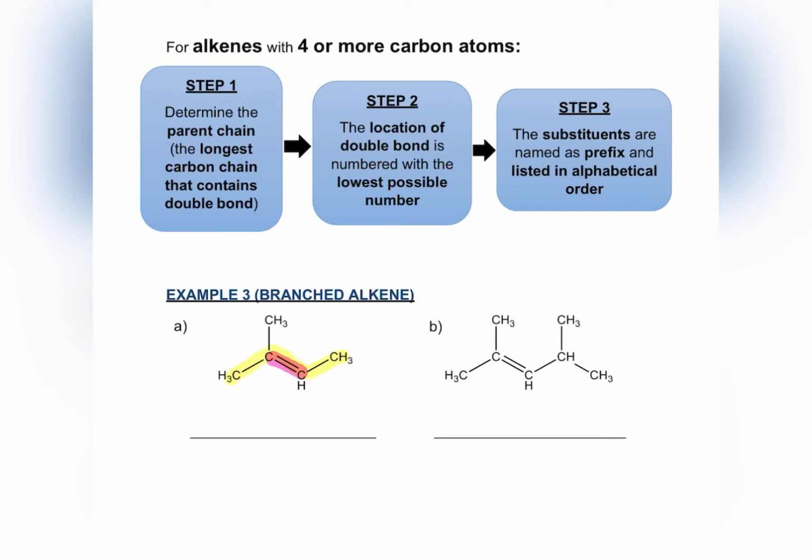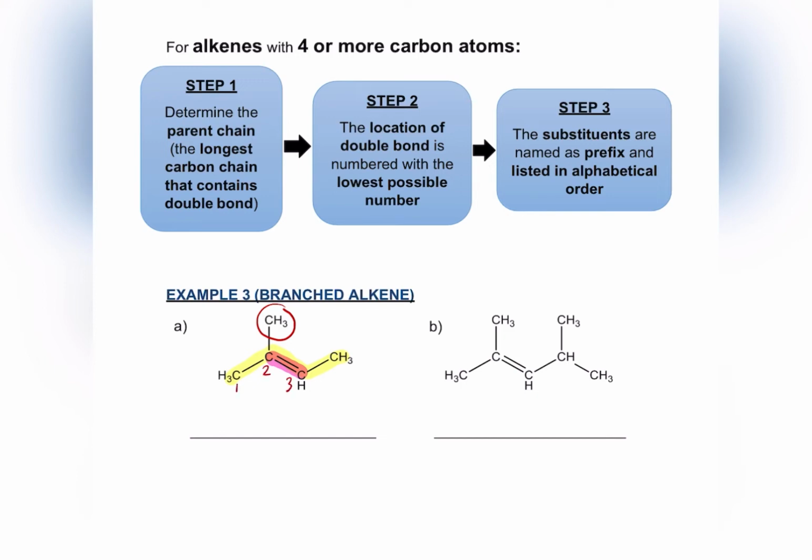What's next? I'm going to give the numbering so that my double bond is at the lowest number possible. I'm going to start from the left because the CH3 substituent is closer to the left. So my numbering starts from the left.